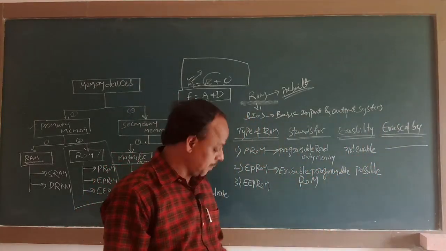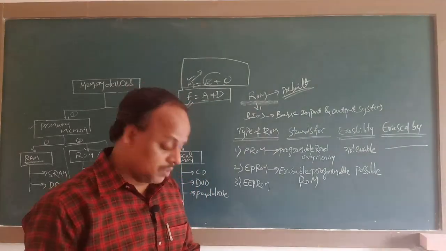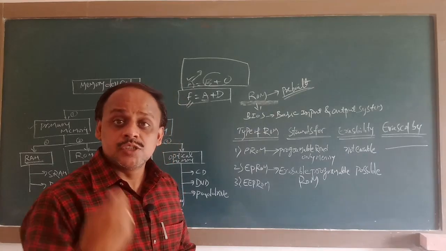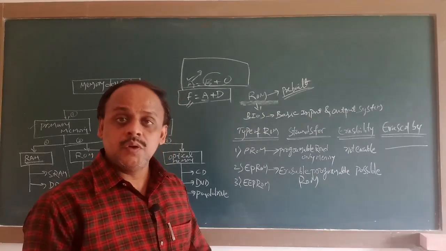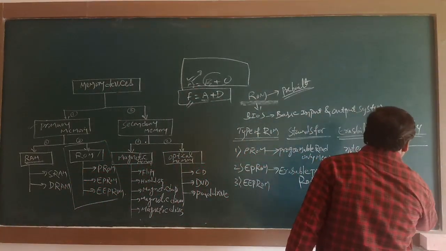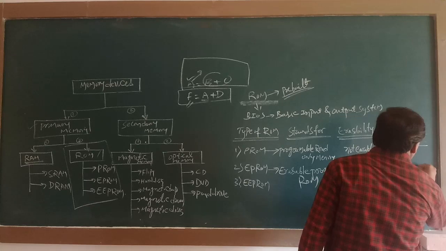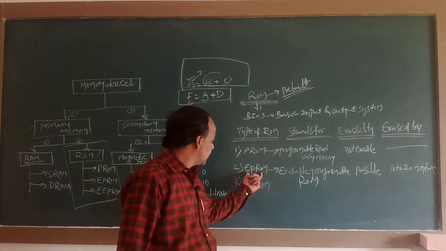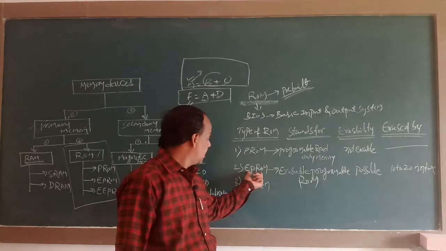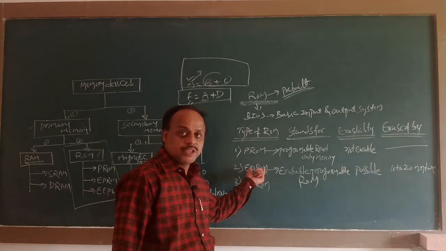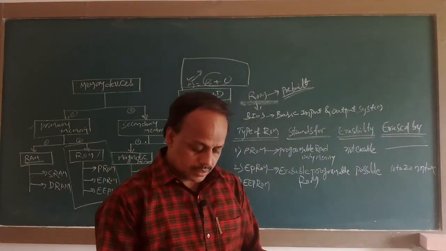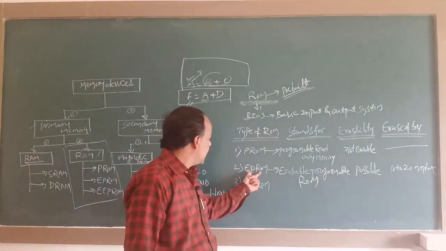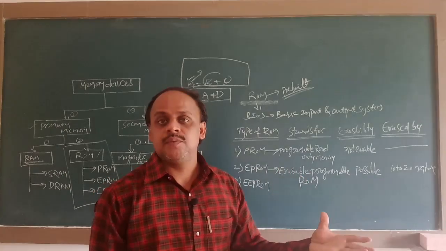EPROM is erasable by exposing it to an ultraviolet light source for about 10 to 20 minutes. Suppose we place this EPROM, erasable programmable read-only memory, under an ultraviolet light source, then this EPROM content is erasable, right?